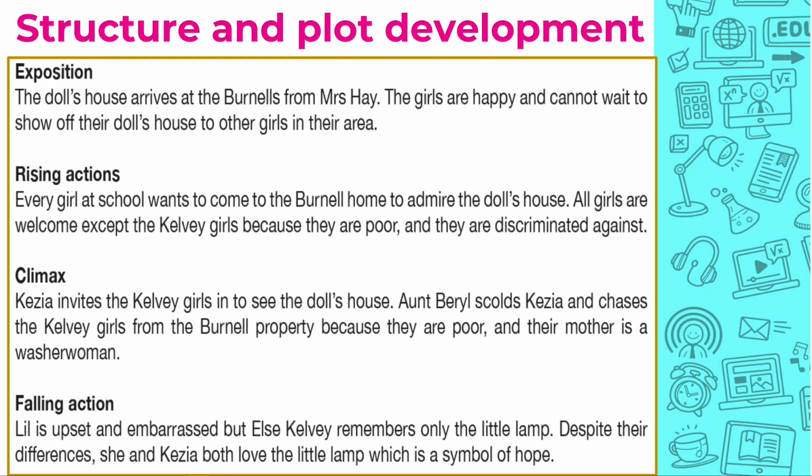And I'll tell you why I keep saying stray cats. But Else remembers the lamp. So despite the differences in their social class, Else and Kezia are both attracted by the lamp. Now, what does the lamp represent, grade 12? That is a question that you need to ask yourself.